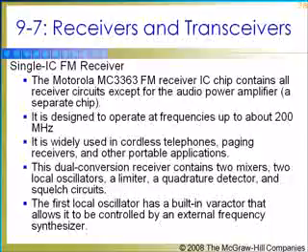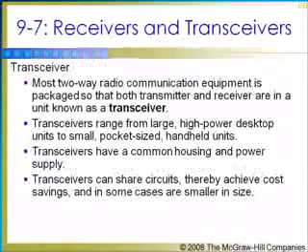This dual conversion receiver contains 2 mixers, 2 local oscillators, a limiter, a quadrature detector, and squelch circuits. The first local oscillator has a built-in varactor that allows it to be controlled by an external frequency synthesizer.